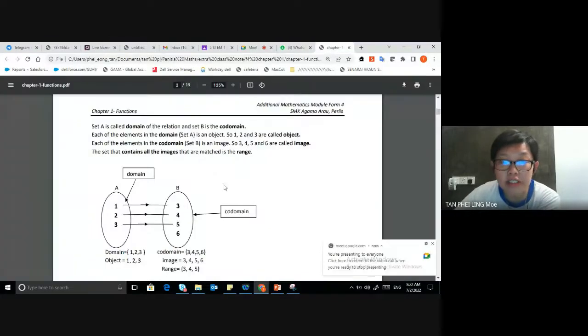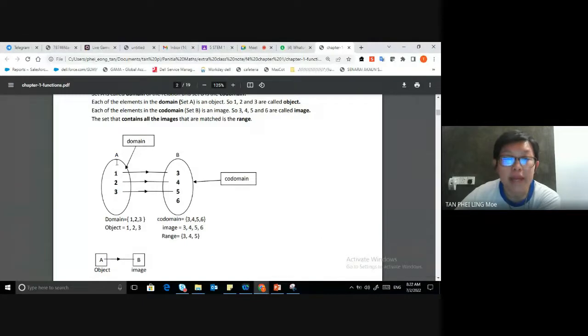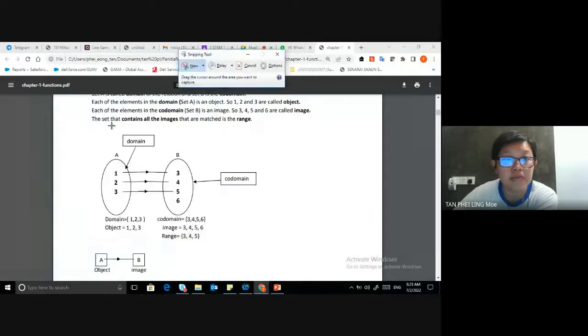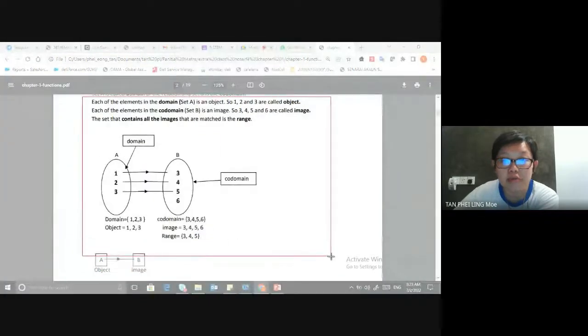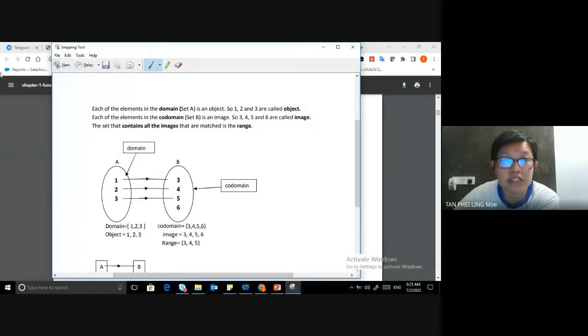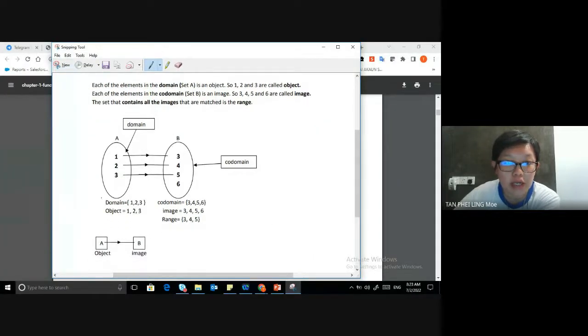All right, so this will be domain. Remember to get this term correct. In the question, sometimes they will be very specific. They will ask you about the domain that they are interested in. Sometimes when they give you the domain, they will also give you x, maybe from -1 to 5, for example. Because there are so many numbers, they are not representing it in an arrow diagram.